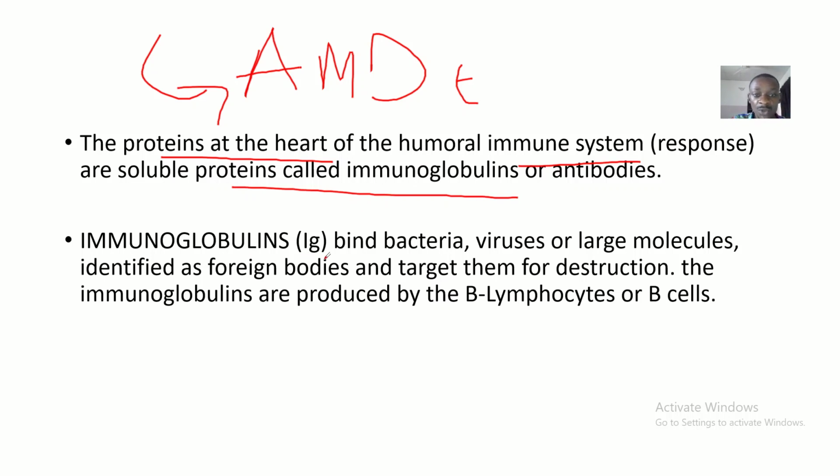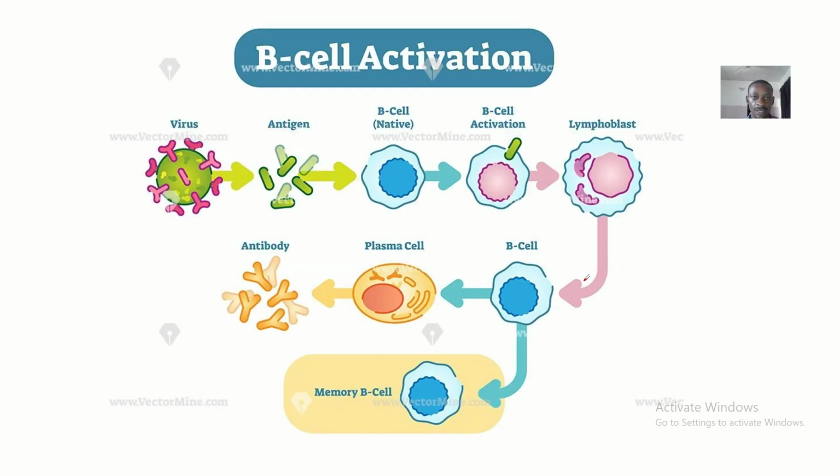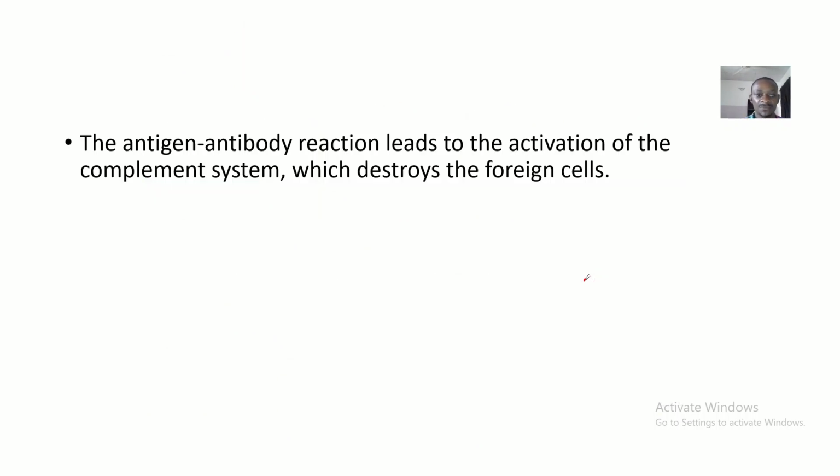Now, immunoglobulin G binds bacteria, viruses, and large molecules identified as foreign bodies, and targets them for destruction. The immunoglobulins are produced by the B lymphocytes or B cells. This is B cell activation.